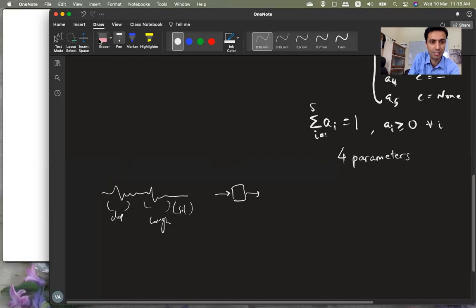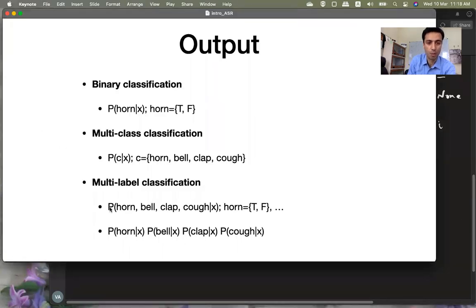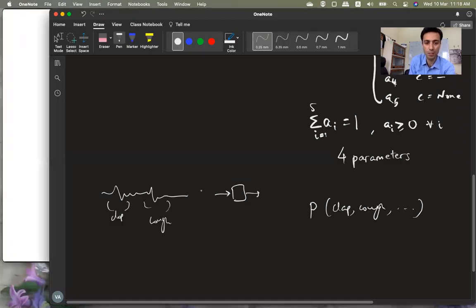Actually, silence need not be annotated. So now what I want to estimate is the probability of clap, cuff, horn, and so on. This joint distribution: probability of horn, bell, clap, cuff. Because in the same audio, we can have these multiple classes present, right? This is called multi-label classification.